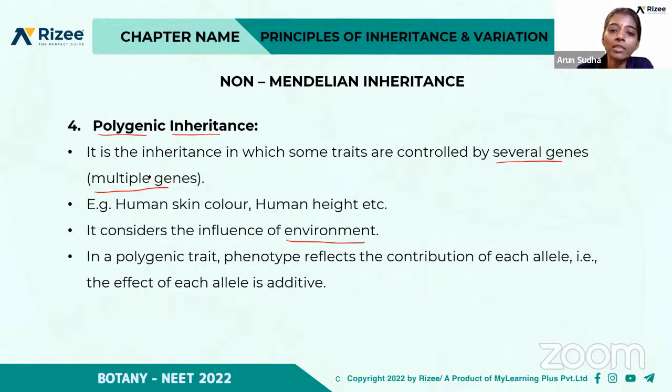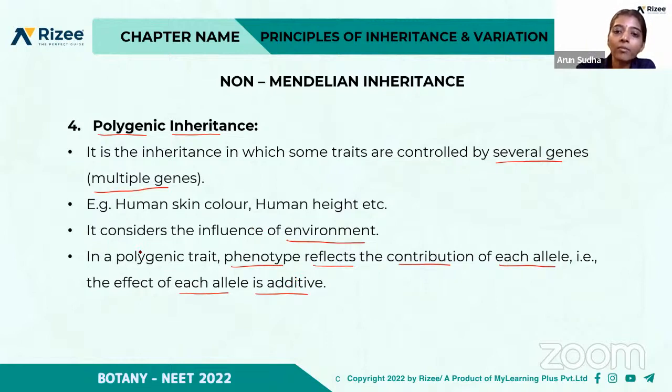Environment also influences the color of the person and the height. In the case of a polygenic trait, the phenotype reflects the contribution of each allele. There are many alleles responsible for skin color or human height, and the effect of each allele is additive. So they together contribute to the skin color or the height.